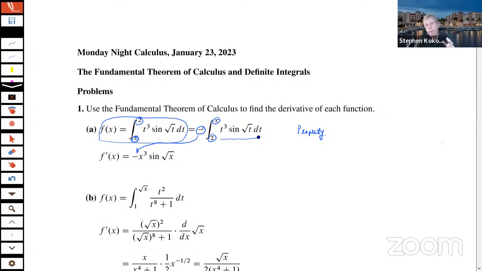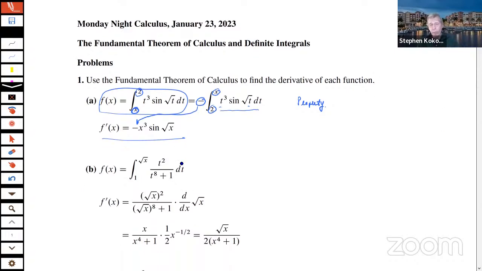If we want the derivative of that function defined as a definite integral, we simply plug in x everywhere that we see a t here. And so there's our derivative. Pretty straightforward. Might see a question like this on multiple choice. Uses a property of definite integrals. Each of these next two problems takes this idea of the FTC part one a little bit further. Let's look at part B.